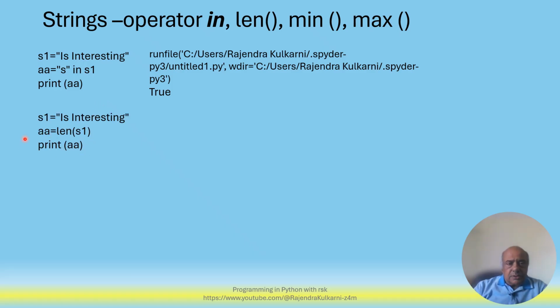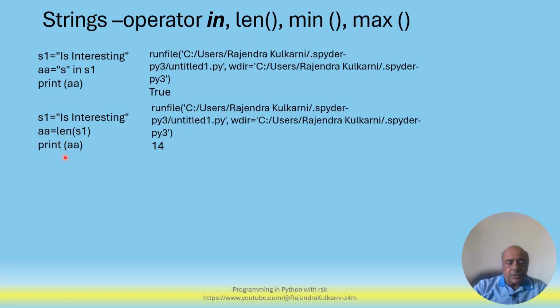Then this is a function len. It tells us how many characters are there in the string S1. In this case, the string contains 14 characters. Then what is the minimum character in S1? What does this mean?